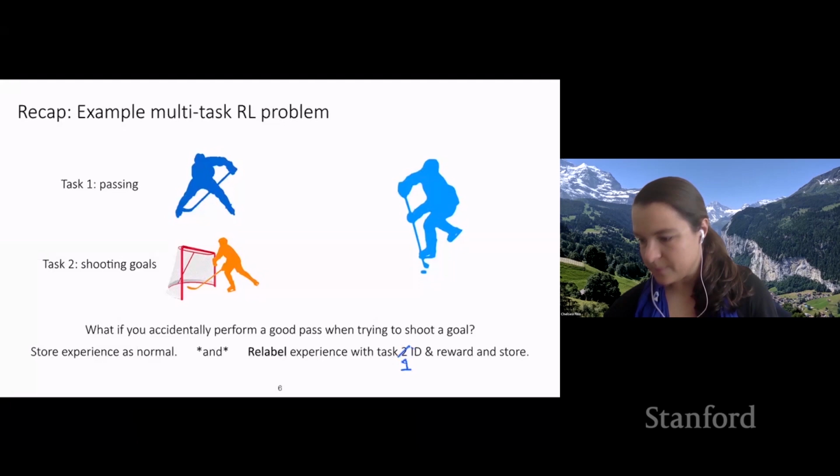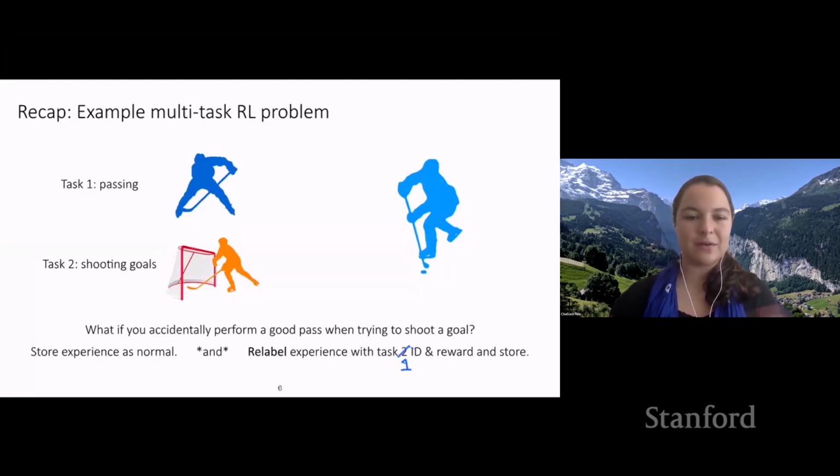Say that, okay, in retrospect, let's say that I was pretending to perform task 1, I was pretending to pass, and I did a great job at passing. You can store that experience with the corresponding task ID and the reward, and allow yourself to learn with that data for both this new task as well as the original task that you were attempting. And this is what's called hindsight relabeling.